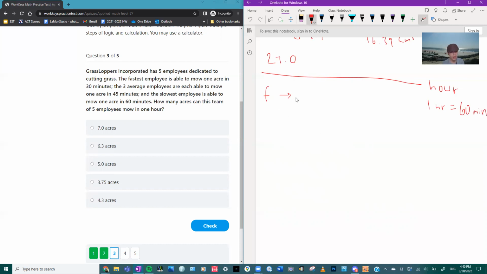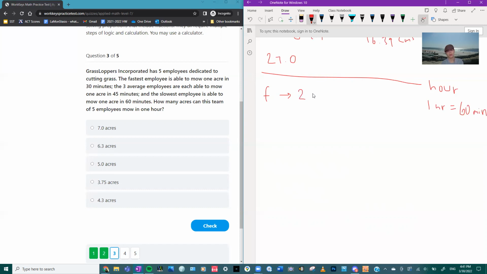If they can mow 1 acre in 30 minutes, what is 30 times 2? 60. So that means they can mow 2 acres in 60 minutes. That's just a proportion, and I hope that makes sense to you. But if you multiply the time by 2, then the amount of acres can multiply by 2 as well. So they can mow 2 acres in 1 hour or 60 minutes.